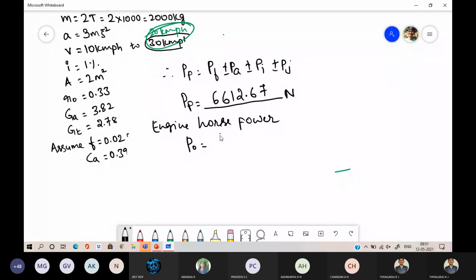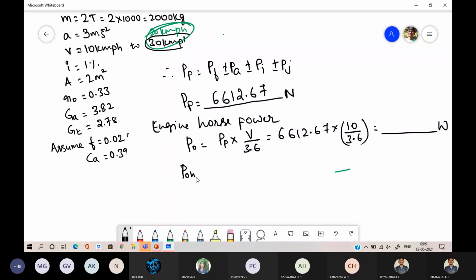So P naught is equal to PP into V divided by 3.6. So 6612.67 into 10 divided by 3.6. Calculate; it will be in terms of watts. How much are you going to get?